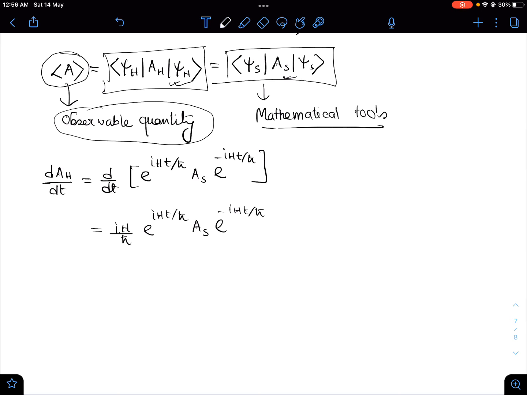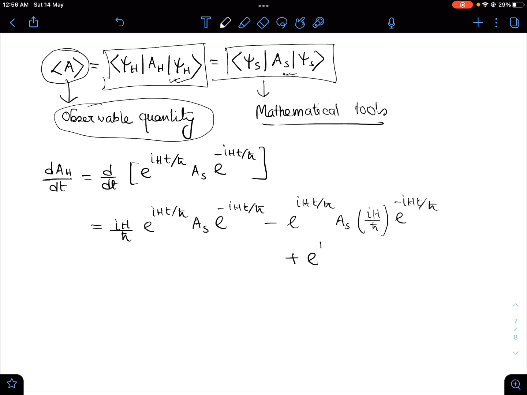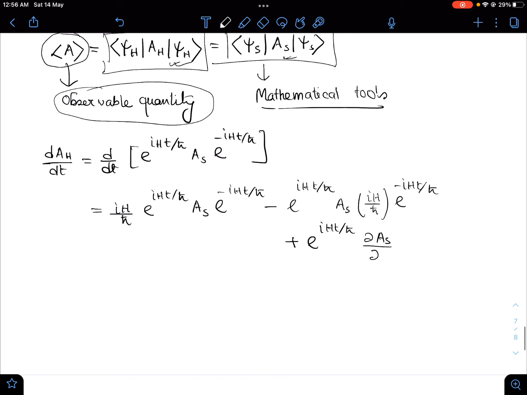This is the first term. There will be another term: e to the power i H t by h cut, A S, and i H by h cut. And there will be another term: e to the power i H t by h cut, del A S by del t, e to the power minus i H t by h cut.